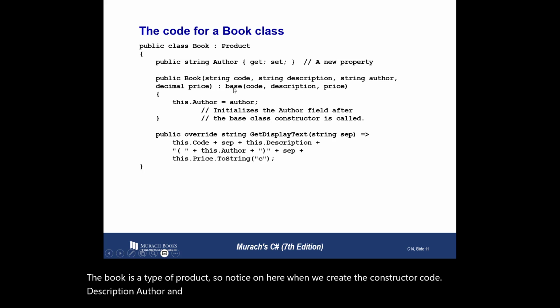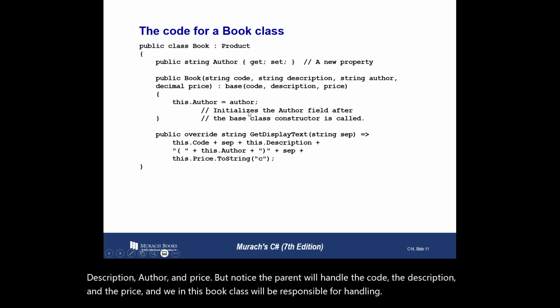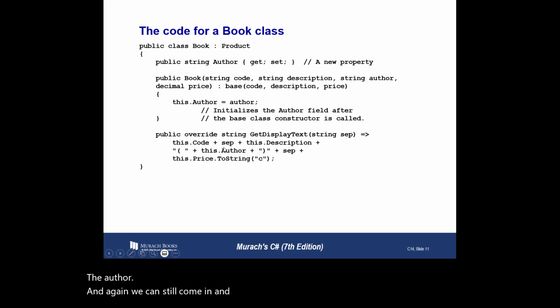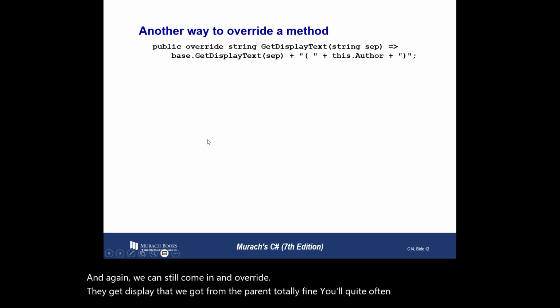But notice the parent will handle the code, the description, and the price, and we in this book class will be responsible for handling the author. And again, we can still come in and override the get display that we got from the parent. Totally fine. You'll quite often do a bit of overriding in these things.